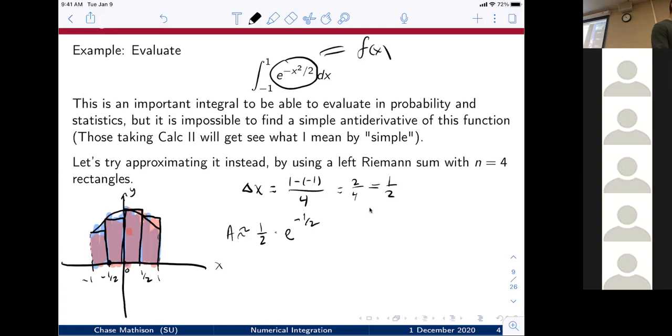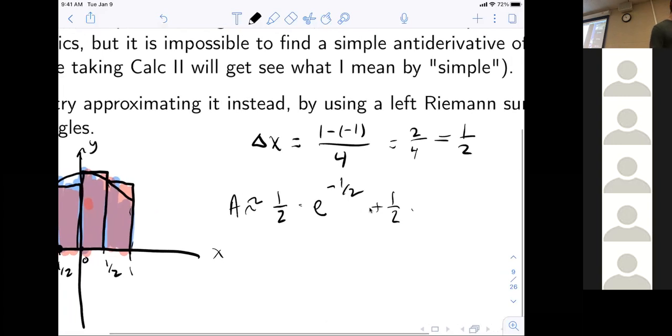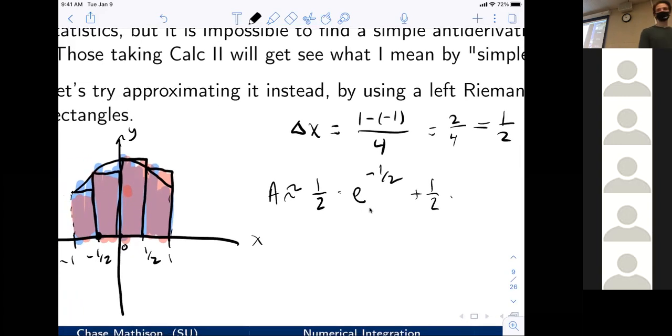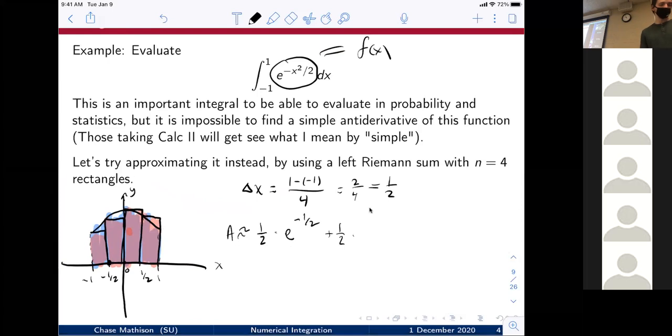Okay. What about the second rectangle? Well, it has, again, a base of 1/2. And then I'm going to multiply by, well, what's the height of that rectangle? Yeah, e to the minus.